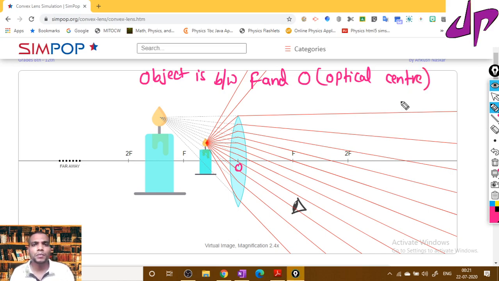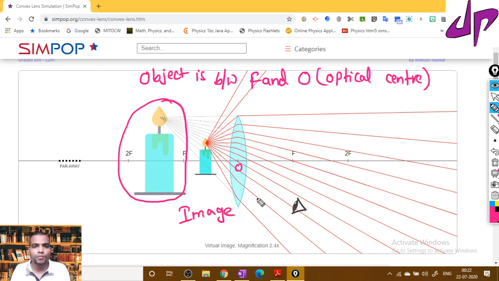If the object is between focus and optical center, where is the image? Now the image forms on the same side of the object. Here we can say the image is virtual, erect and enlarged.